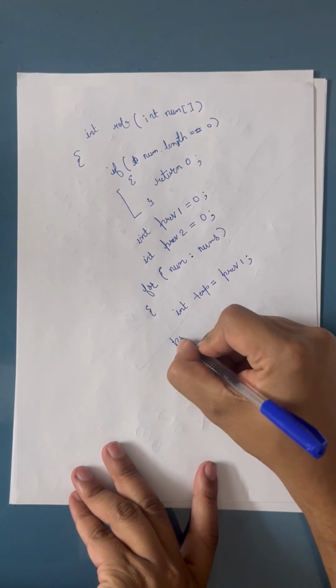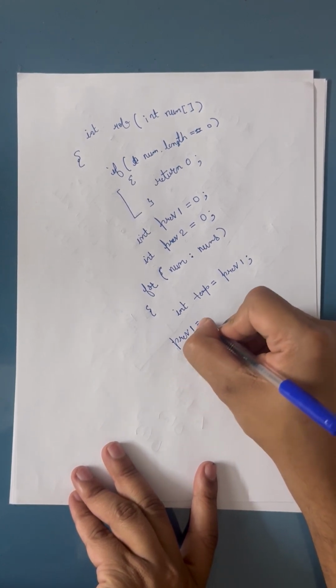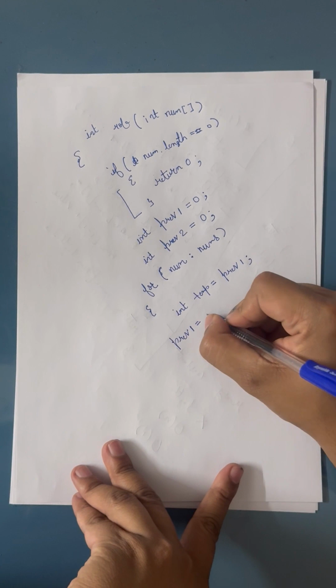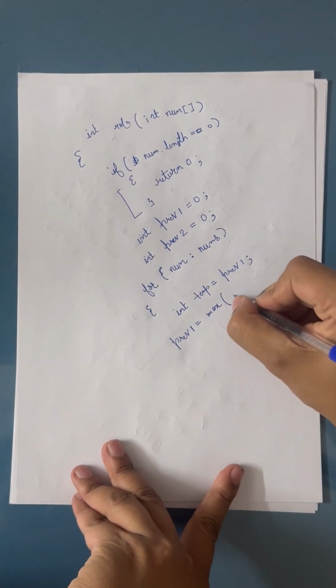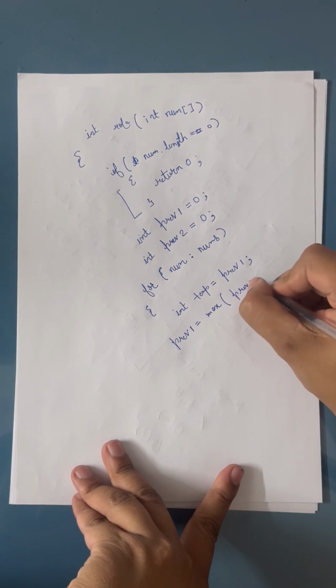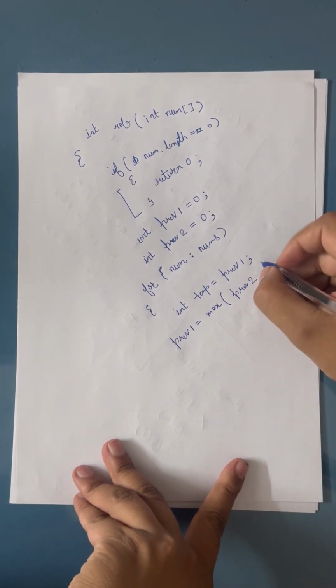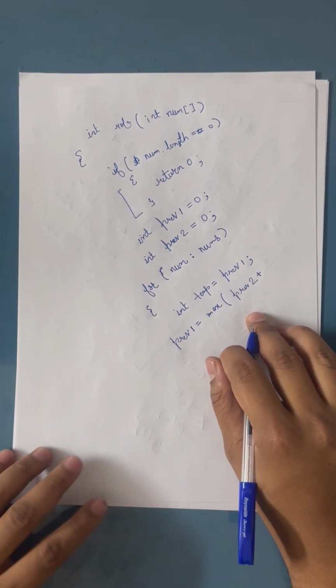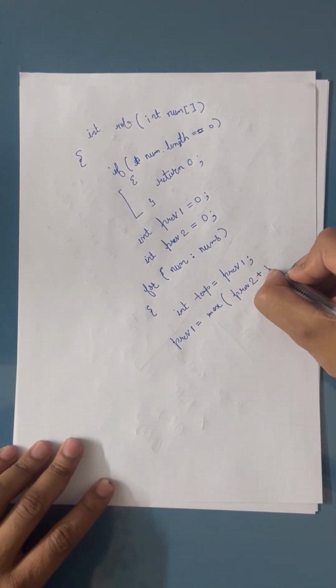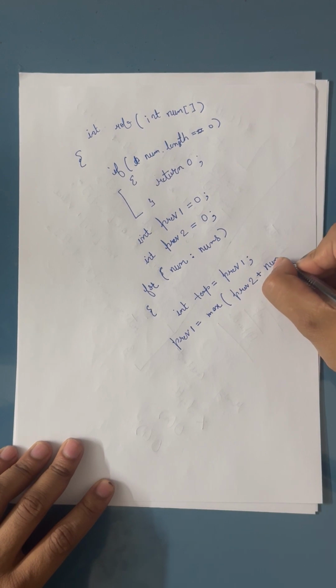Your previous one now becomes equals to the max of, right? The same thing, max of either previous 2 plus num, right? This num, the current element. You have two choices.